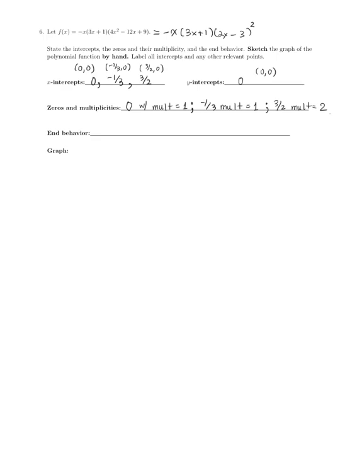Notice that for the end behavior, if you multiply the whole thing out for f of x, the degree is going to be 4, and the leading coefficient is going to be negative 12. So for the end behavior, let me write it on the bottom.